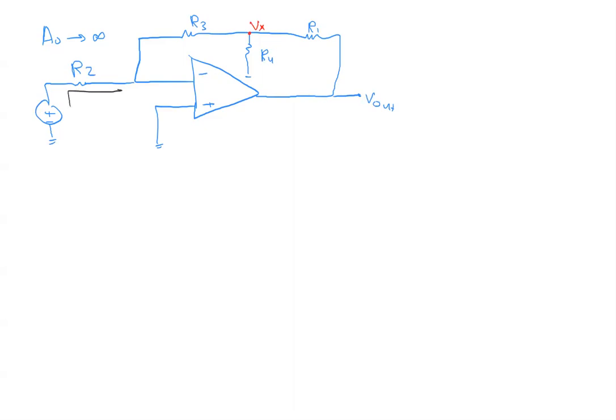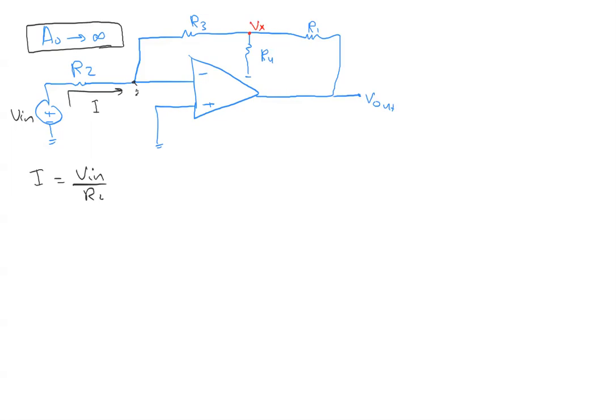Again, the current that is going here, I, since this is going to act as a virtual ground because of A0 equal to infinity, it's going to force the two terminals to equal each other. And now we will have I is equal to Vn divided by R2.